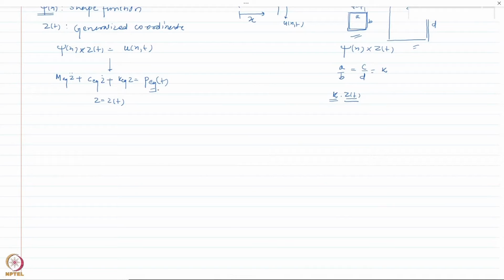And if I multiply that with the shape of the structure, which represents the relative location of each and every point, then I might be able to find out the overall deformation of each and every point of the body at any time instance t. And that is what we will try to do here.